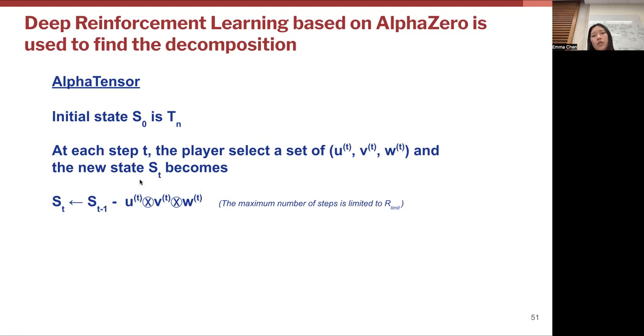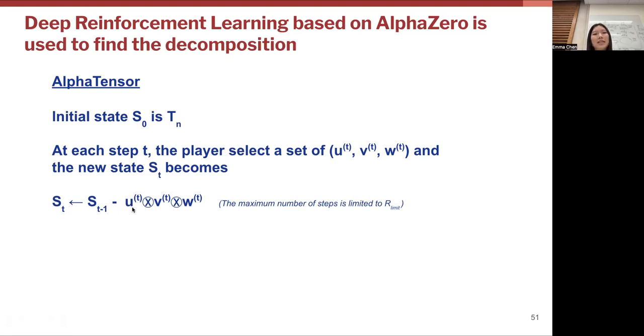And the new state will be the previous 3D matrix minus the outer product of the selected UVW. So this is a 3D matrix, this is a 3D matrix, and it will result in a new 3D matrix.